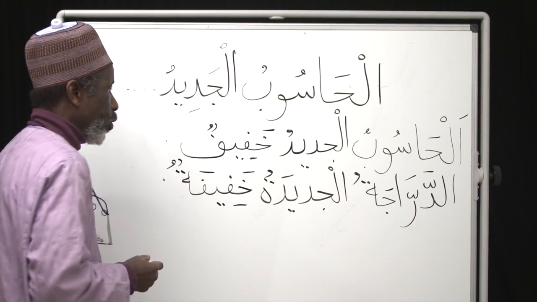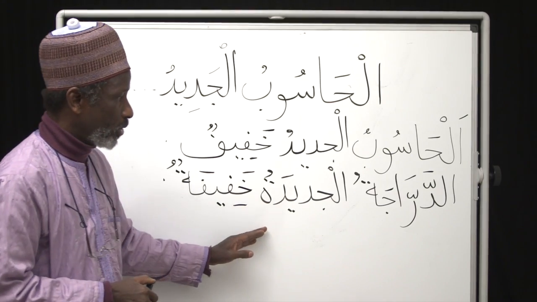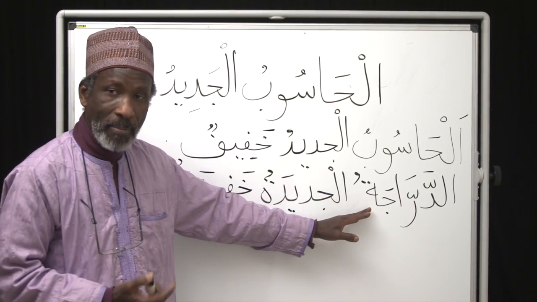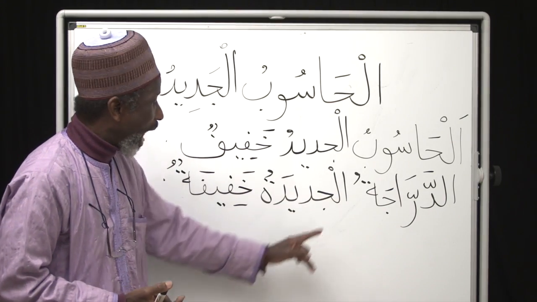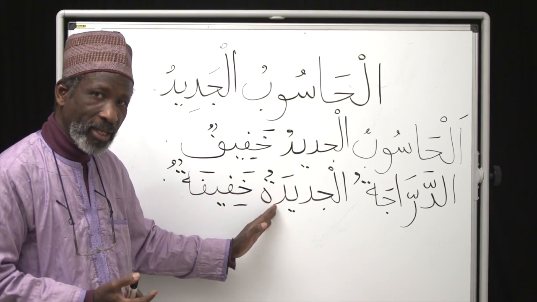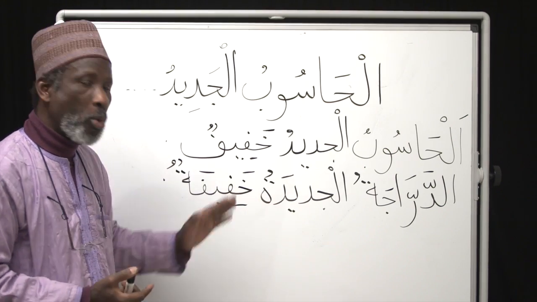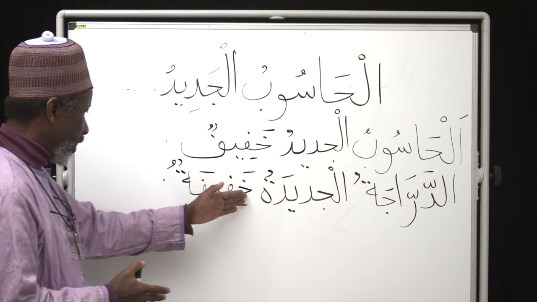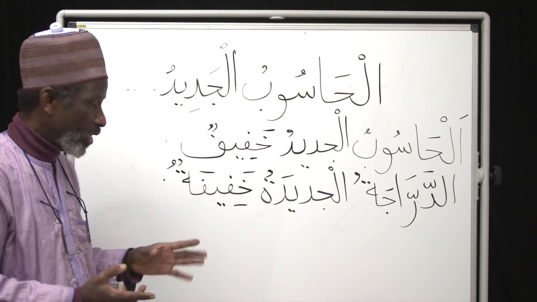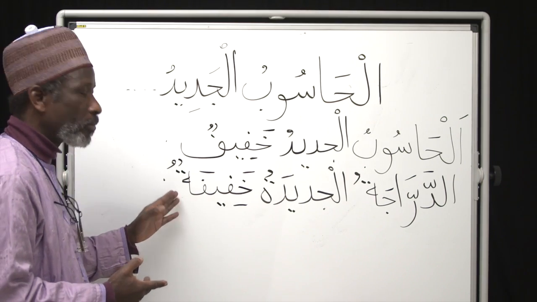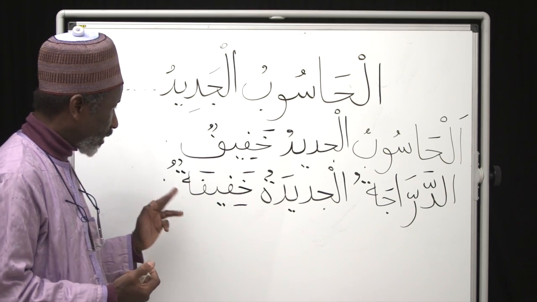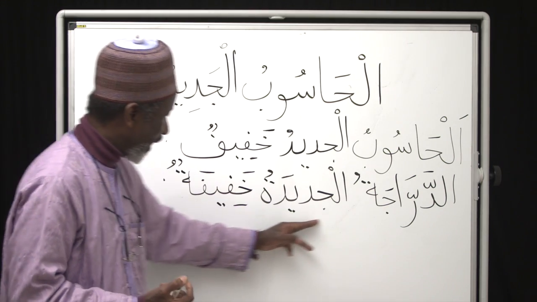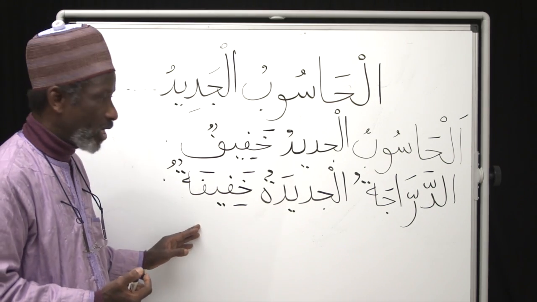Khafifatun. Now we maintain the gender throughout. Ad-darrajatu, that's feminine and defined. Al-jadidatu is feminine and defined. Because we want to say "is", we drop the al and revert to indefinite. So khafifatun is light. But all the way, we maintain the gender.